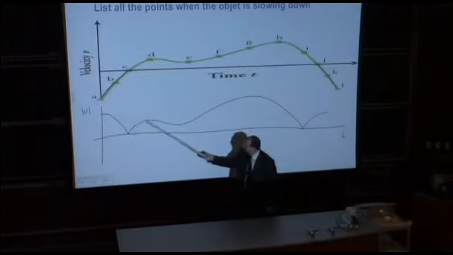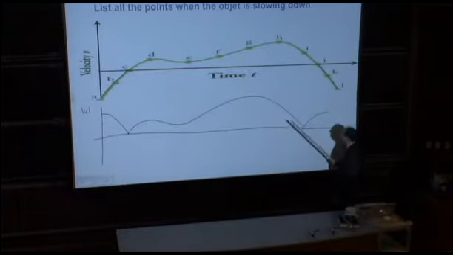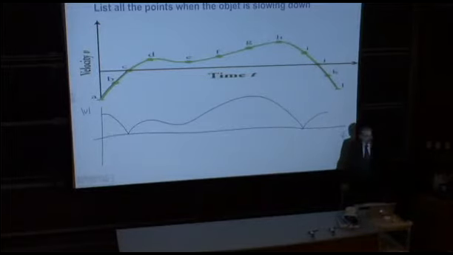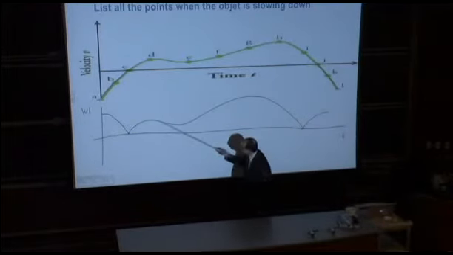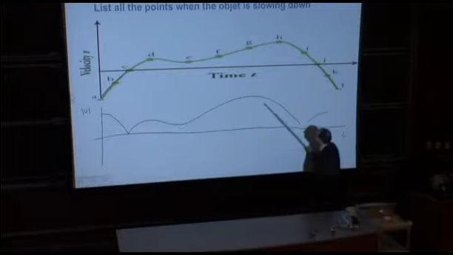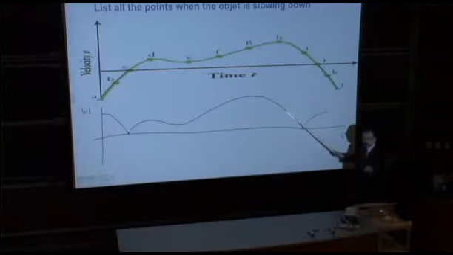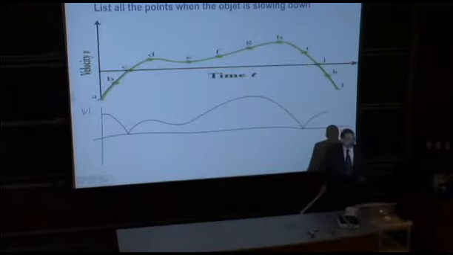So here it's speeding up, here it's speeding up, and here it's speeding up. What does slowing down mean? Speed decreases. So here it decreases, here, here. So we can say at this instant, the object is slowing down. But at this instant, for example, here, the object is speeding up.